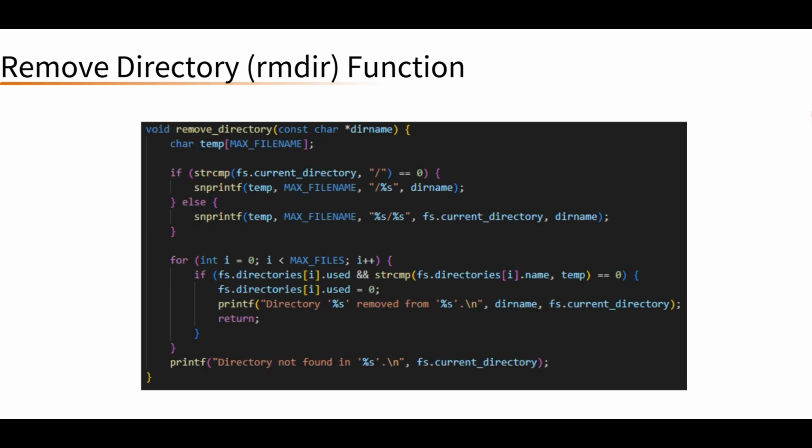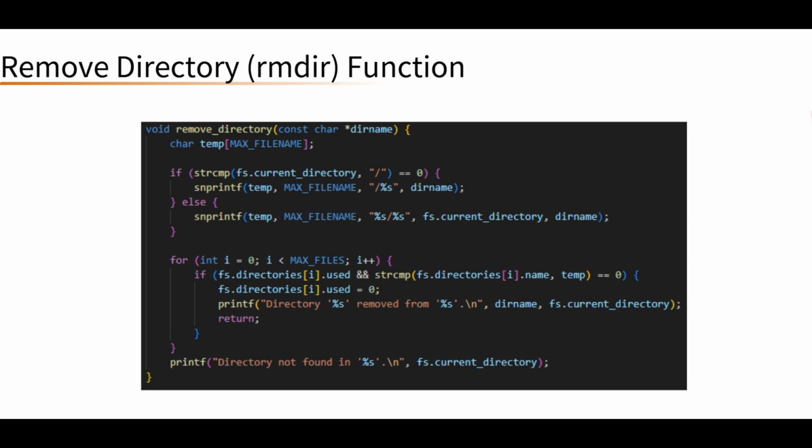And the remove directory function works as follows. First, it stores the full path of the directory to be removed in the variable temp. Inside the loop, it iterates through the file system directory list to check for a match. Its rules are that use is 1 and the name matches temp.